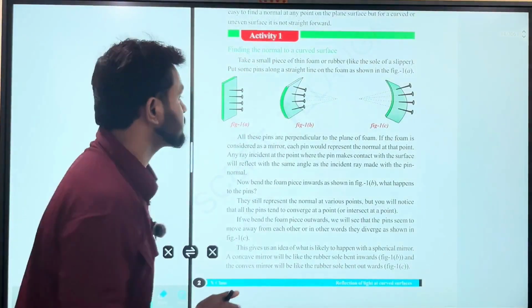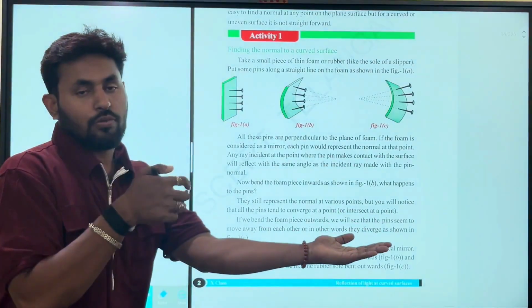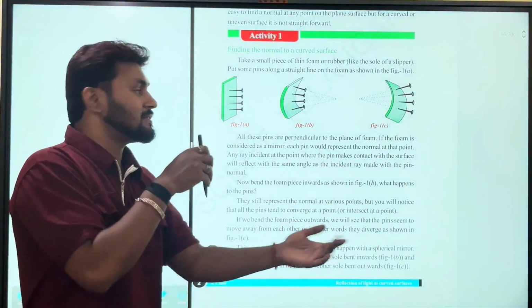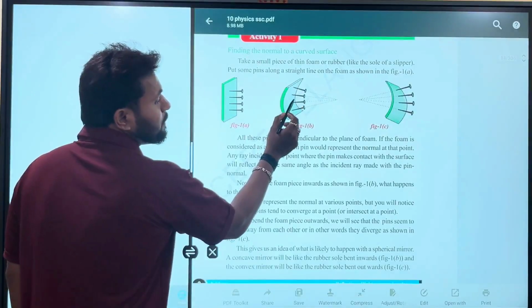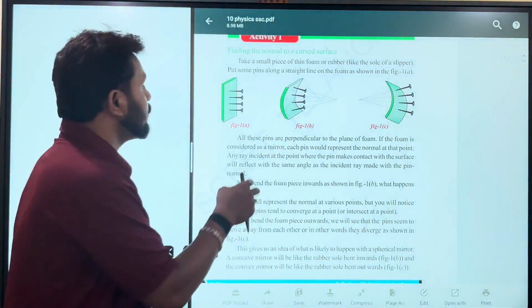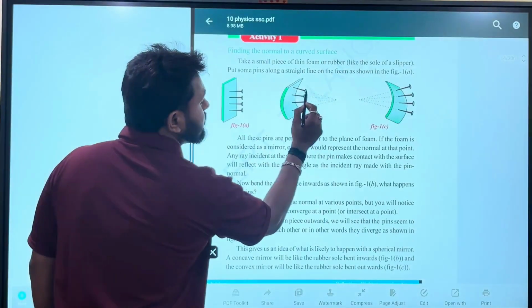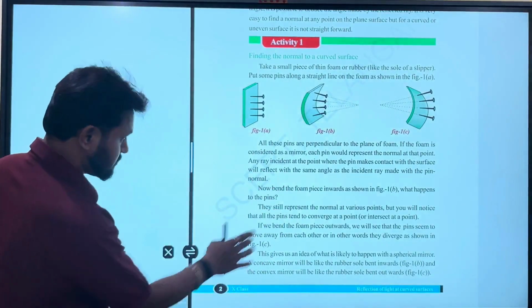You will see that when you are tilting that cardboard, all the nails which have been nailed perpendicular to the base will meet at one point like this.